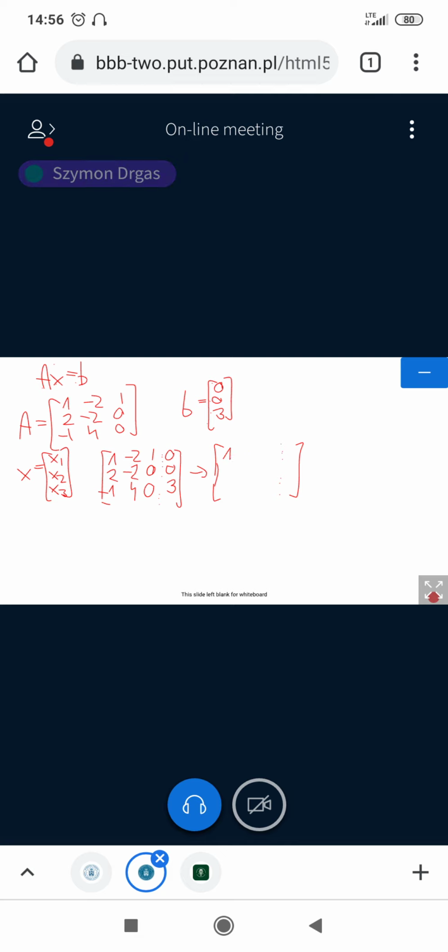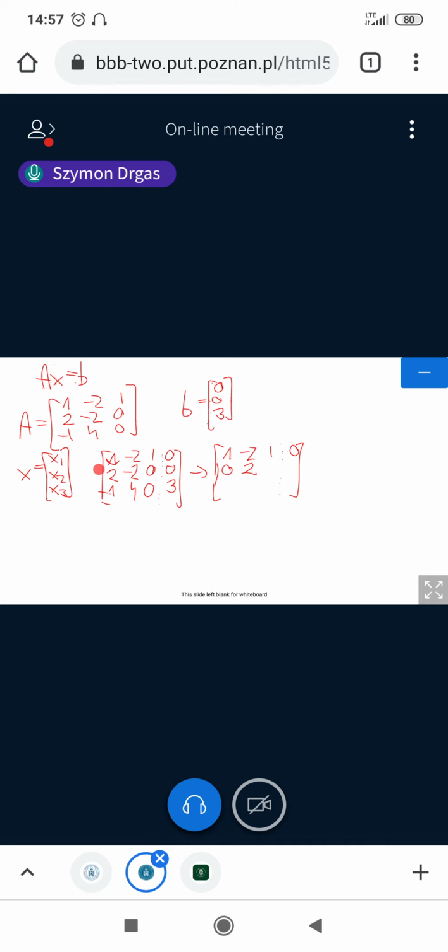So the first thing we need to do is to use this pivot and to eliminate 2 and 1 that are below this pivot. So we need to subtract from the second row the first row multiplied by 2. So we have 2 minus 2 is 0. Then we have minus 2 minus, so it will be plus 4.